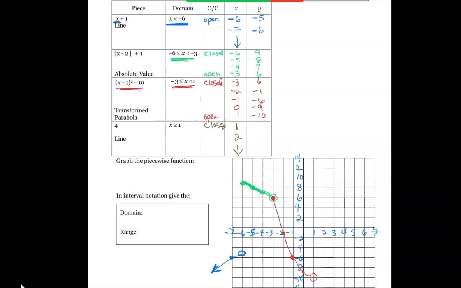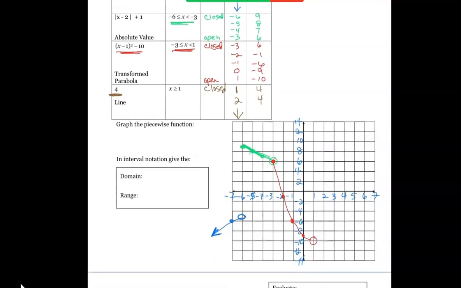And then look what happens: no matter what my x is, this is always going to be 4. So I have 1, 4, and that means it's going to be right here, and it's going to be closed.